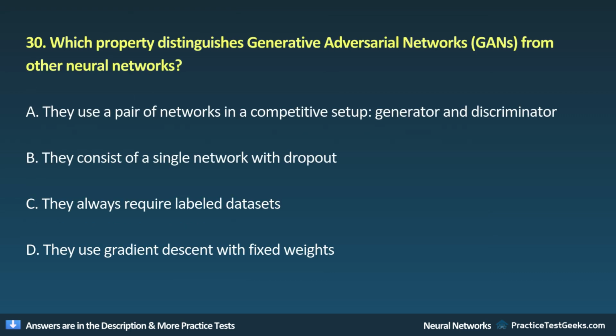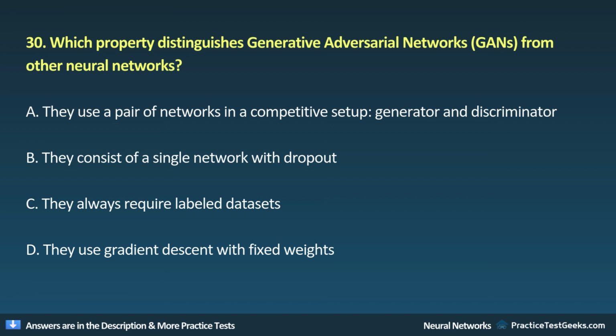30. Which property distinguishes generative adversarial networks, GANs, from other neural networks? A. They use a pair of networks in a competitive setup, generator and discriminator. B. They consist of a single network with dropout. C. They always require labeled datasets.